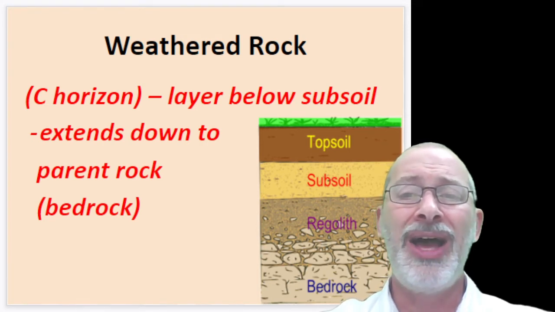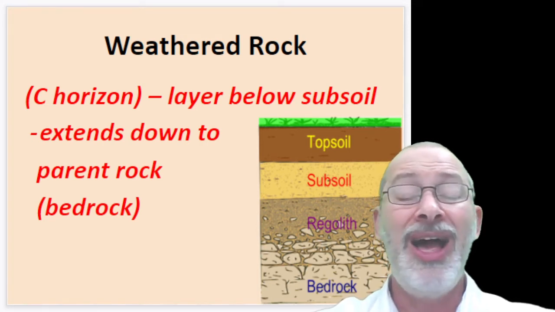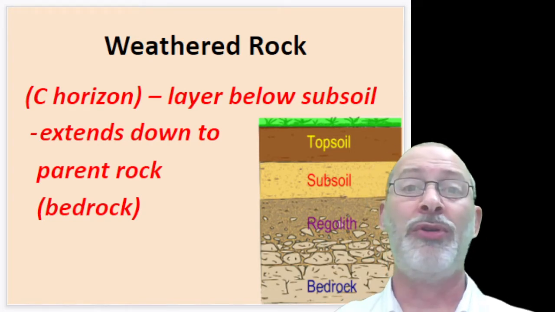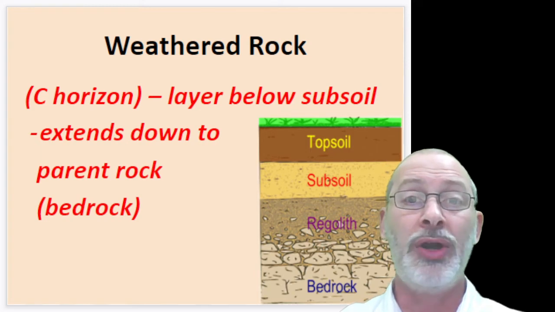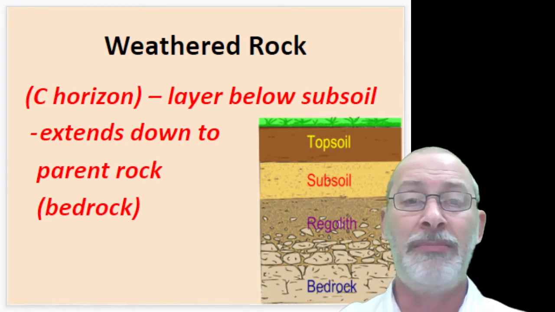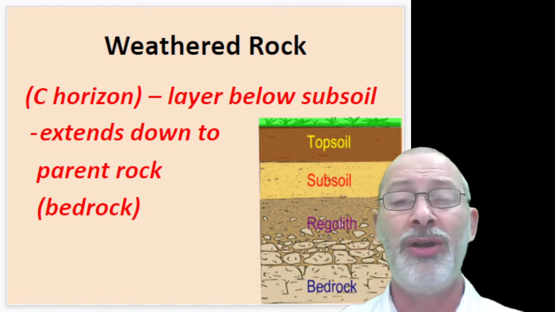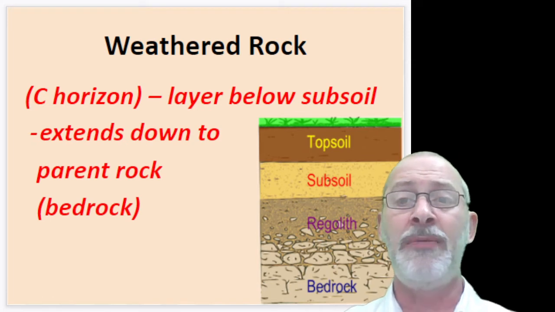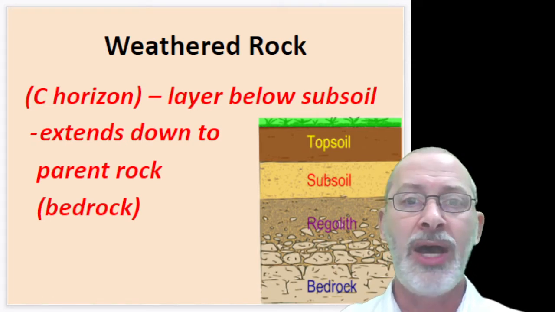The C horizon is kind of what the planet Mars is like. We have a number of rovers exploring the surface of Mars right now. And much of what we've seen on Mars is just weathered rock. Yes, there are seasons on Mars. There's wind on Mars.